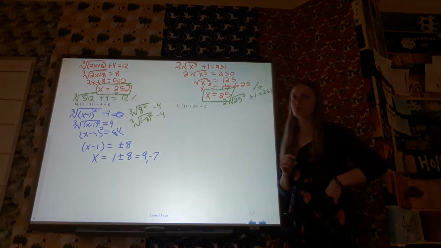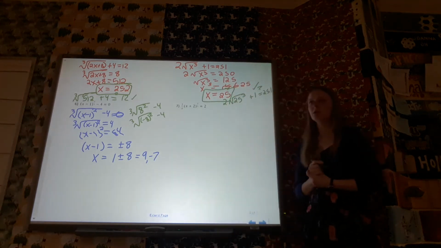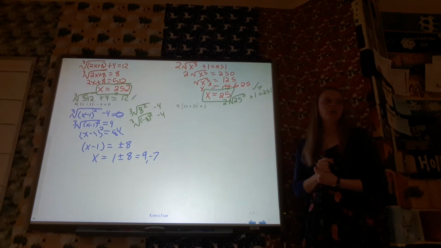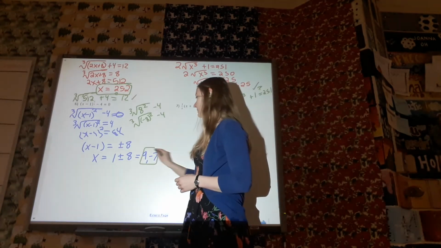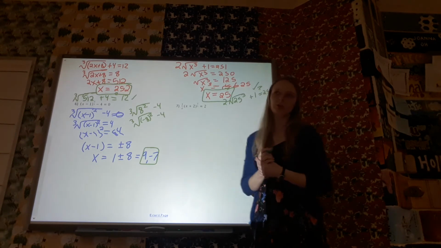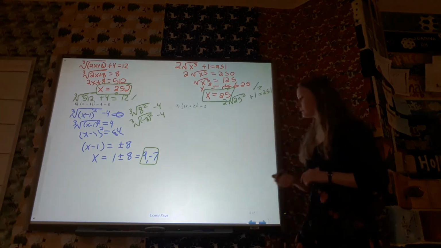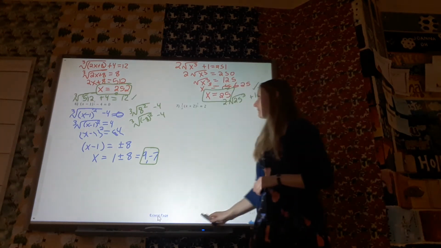You want both of those to equal 0 for them to be solutions. So they both work, therefore you have two answers, which will happen sometimes. Alright, let's try this one.